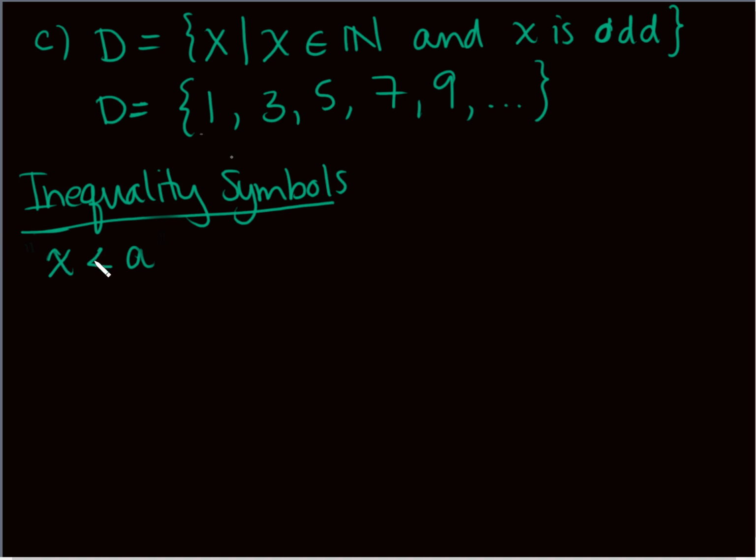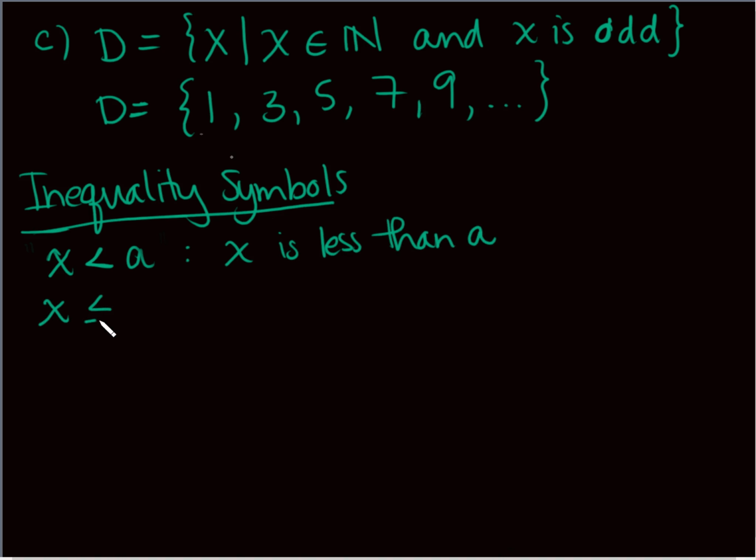Remember, I know this is silly, but the alligator is going to eat the bigger number. I remember my sister telling me that when I was little, and I was like, that totally makes sense. So which number is bigger? A is bigger, right? And we usually read this left to right. So this says x is less than A.